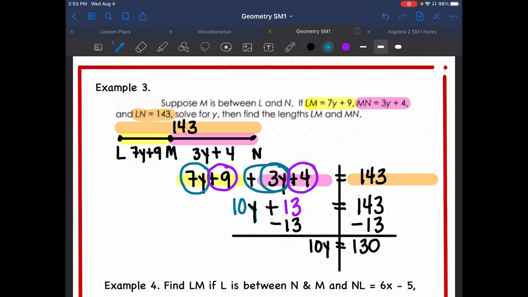I've still got to get that y by itself, and I'm at step 5, which means I have to undo the multiplication that's hiding. Divide by 10, divide by 10. I'm going to bring it over here. Y equals 13. There's one of my answers.